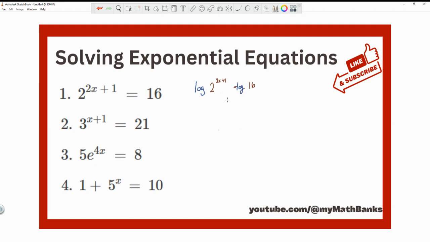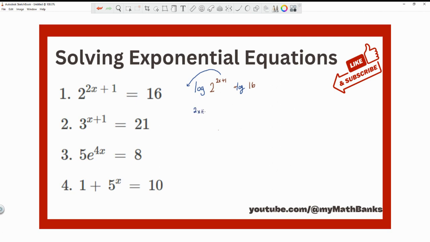Now looking at the left side, you see this log of 2 to the power of 2x plus 1. Remember, one of the properties of log is that if you have an exponent, this whole exponent can be put in front of that log. But that is a binomial, so you need to make sure you put that inside parentheses.